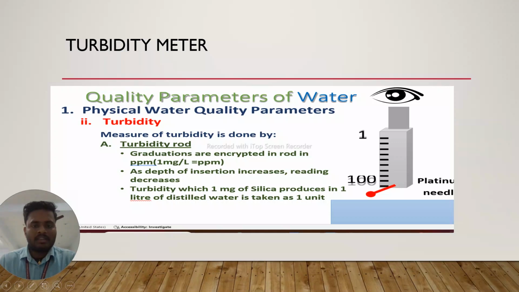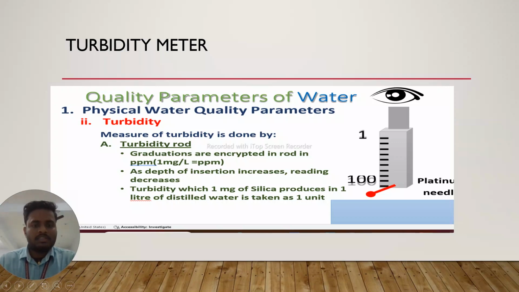As the depth of insertion increases, when the graduated rod is inserted in the water, the reading will decrease. At that point we know how much turbidity is present in that water.